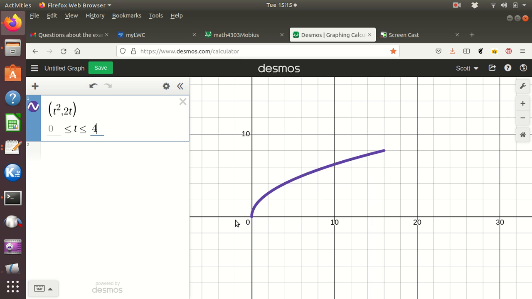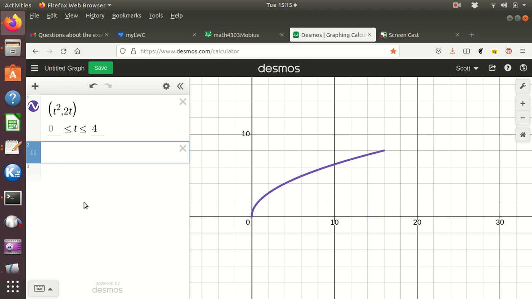And so that is a parameterized path, and that's all it is. I mean, there's nothing more to it than that. Now, let me add a note.